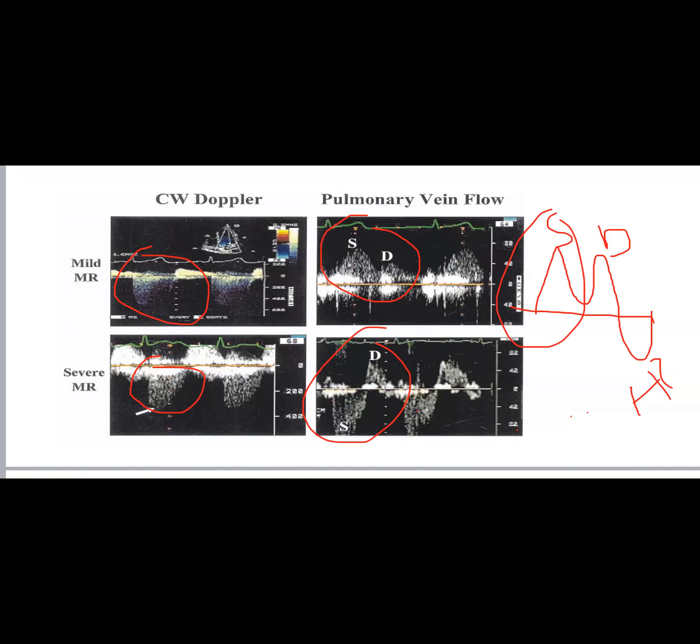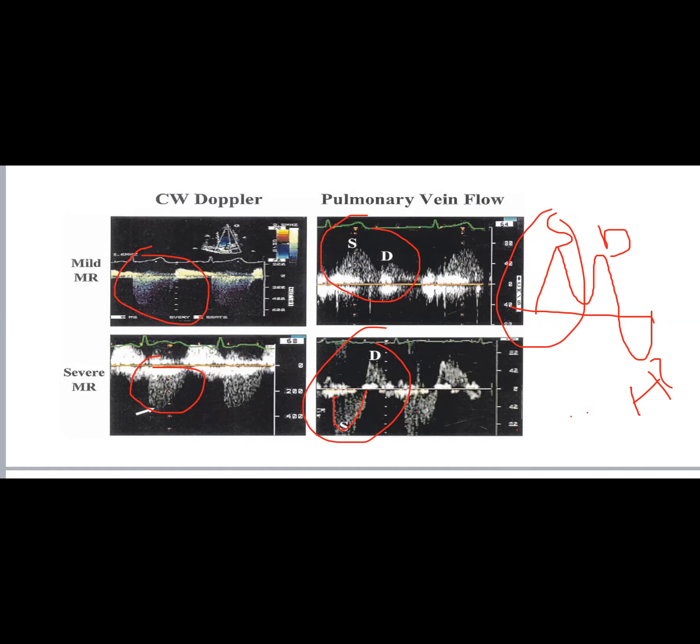So if I have severe MR, instead of the flow in systole going toward the ventricle, it's going back into the left atrium. That's why I get the reversal. And here is the reversal, the S. The S is now systolic down reversal. Exactly. So the systolic reversal of the pulmonary venous Doppler indicates severe mitral regurgitation.